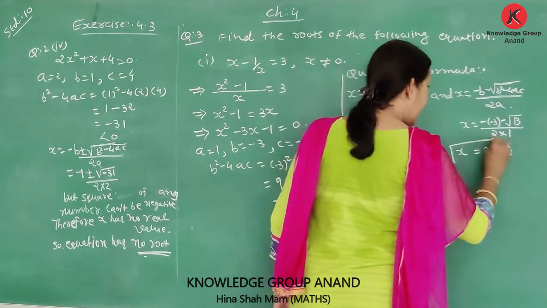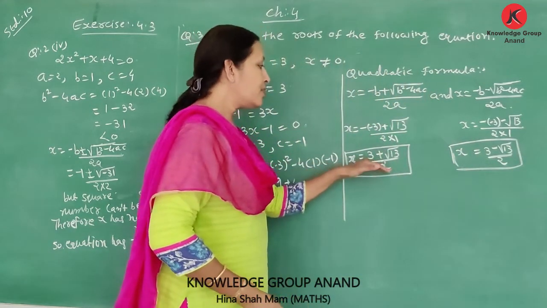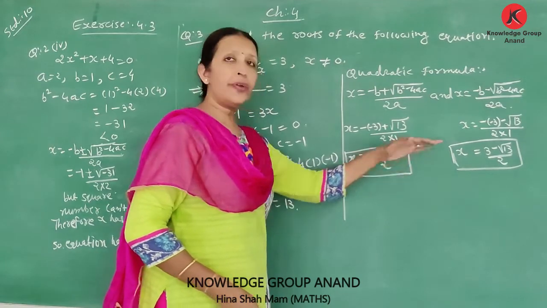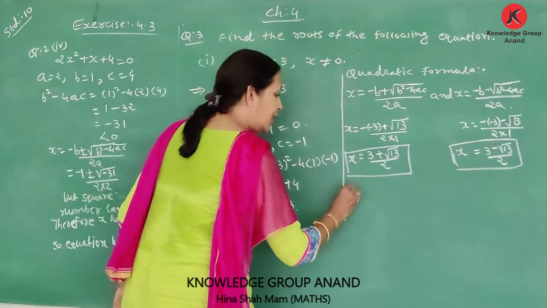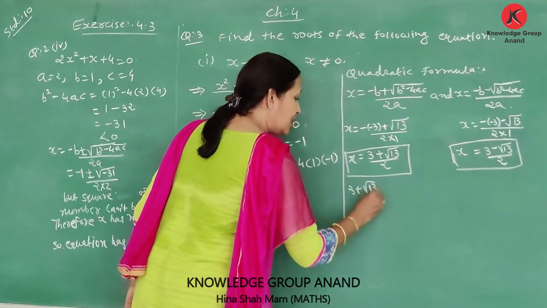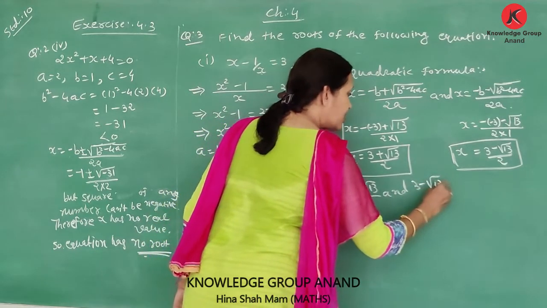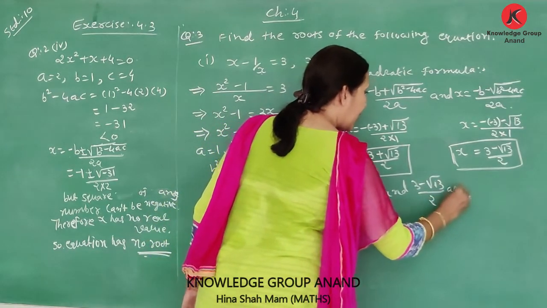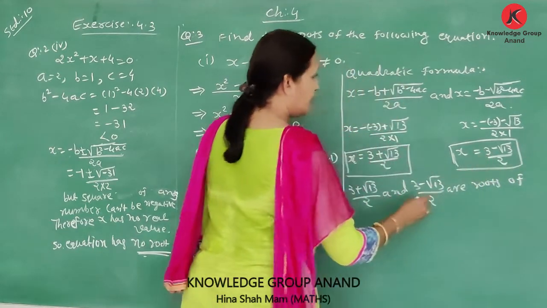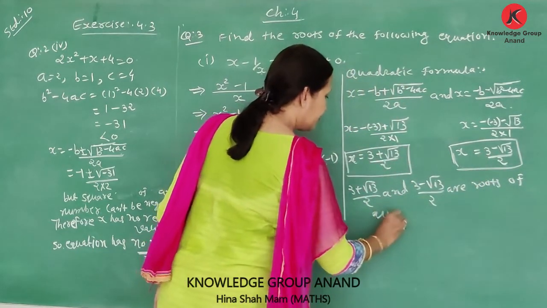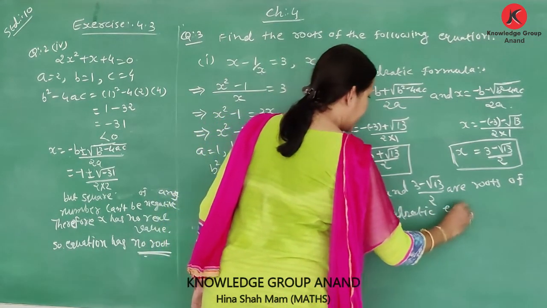Here, what are the roots? 3 plus root 13 upon 2 and 3 minus root 13 upon 2 are the roots of the quadratic equation.